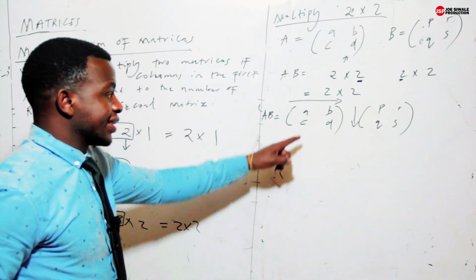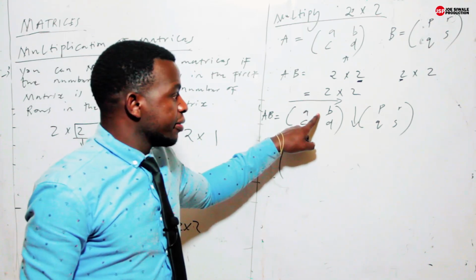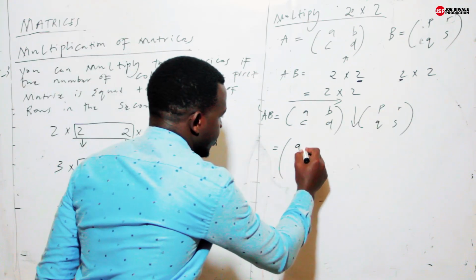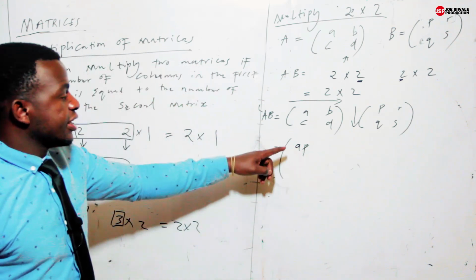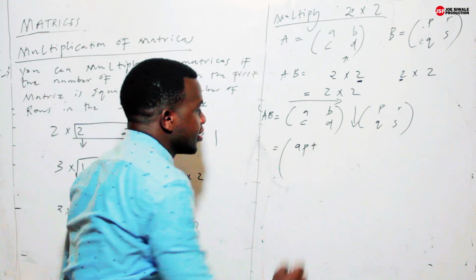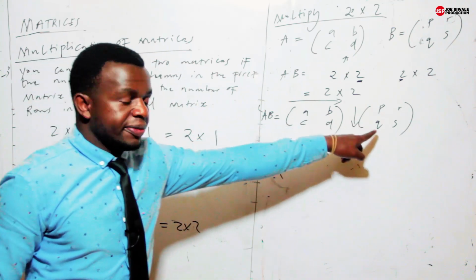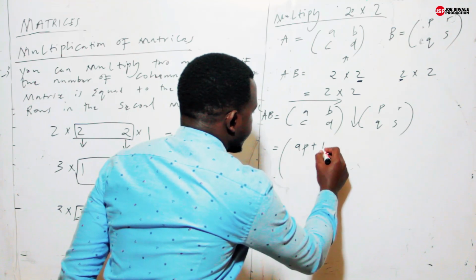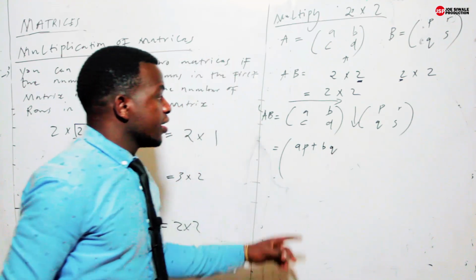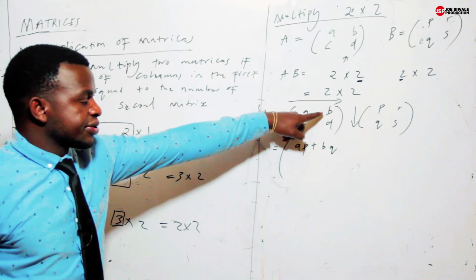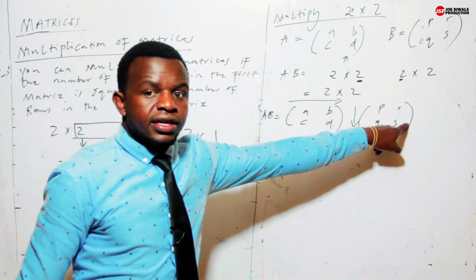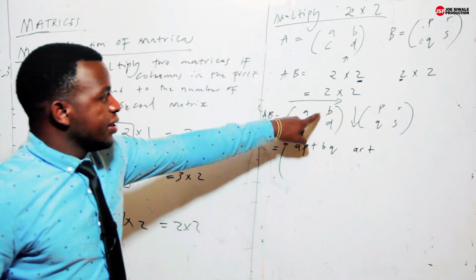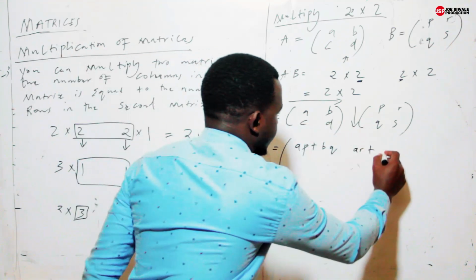So we can start with A. We'll say A multiplied by P, that's going to be AP, plus B multiplied by Q, so we're going to have BQ. Then we'll continue with the first row. We're going to say A multiplied by R, so we're going to have AR, plus B multiplied by S, so we're going to have BS.